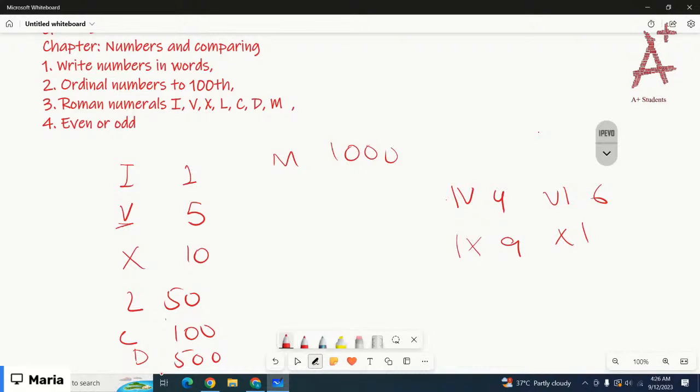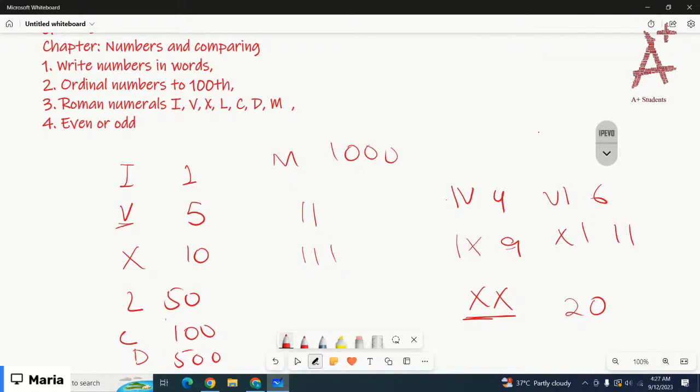If you add I on the right of X, that would be 11. So if you are adding I on the right hand side, that would be adding, and if you are adding I on the left hand side, that would be subtracting, right? I makes 2, and I I makes 3, right? Each X represents 10. If you have 2 X's, that represents 20, right?